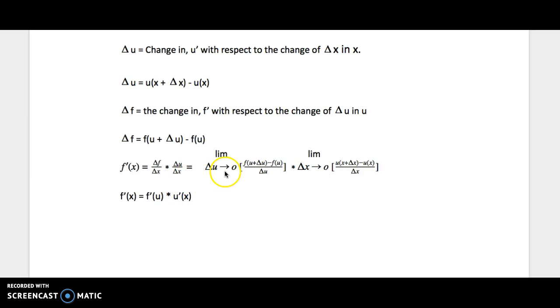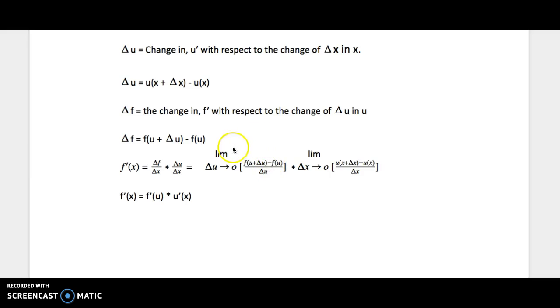So this can also be written using limits. So the limit as delta u approaches 0 of f of u plus delta u minus f of u over delta u, times the limit as delta x tends to 0 of u of x plus delta x minus u of x over delta x.